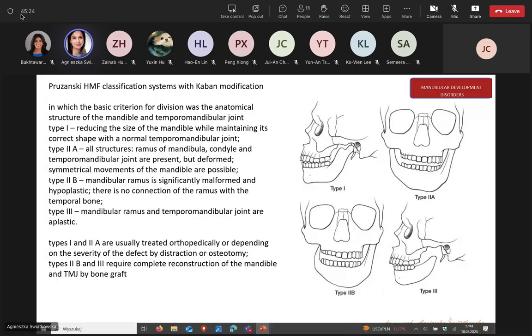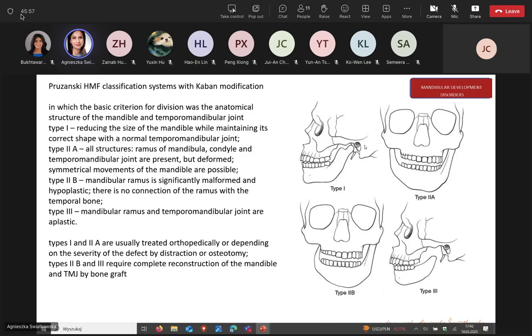According to the Pruzansky classification, we have three types of this problem, and the difference is in the formation of the TMJ. Type 1, you can see it here: reduction of the size of the mandible while maintaining its correct shape with a normal temporal joint.